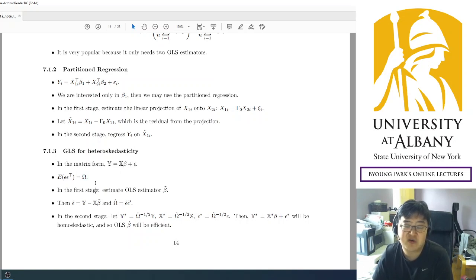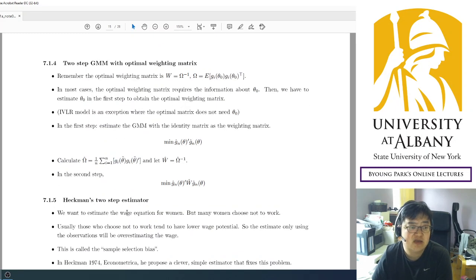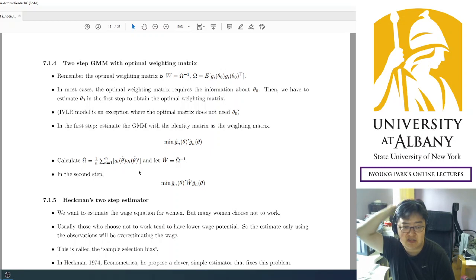Even though I'm not interested in the variance matrix, to have an efficient estimator for beta, we have to estimate that. Same for GMM. To have the optimal weighting matrix, we need to know the variance matrix of the moment function, which is not my interest. I'm not interested in what the variance is, but we need to know it.